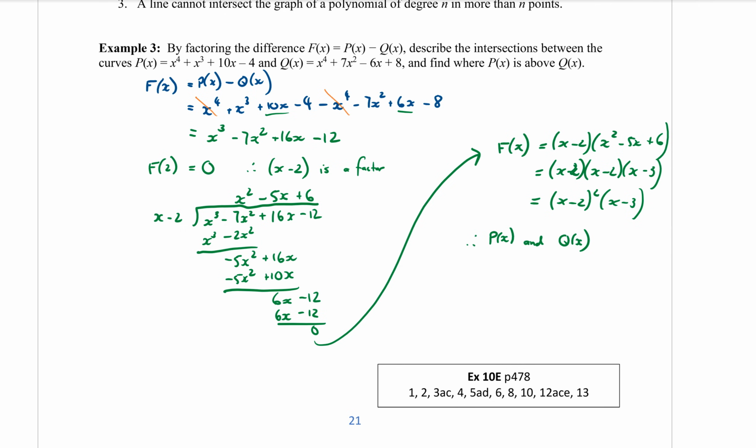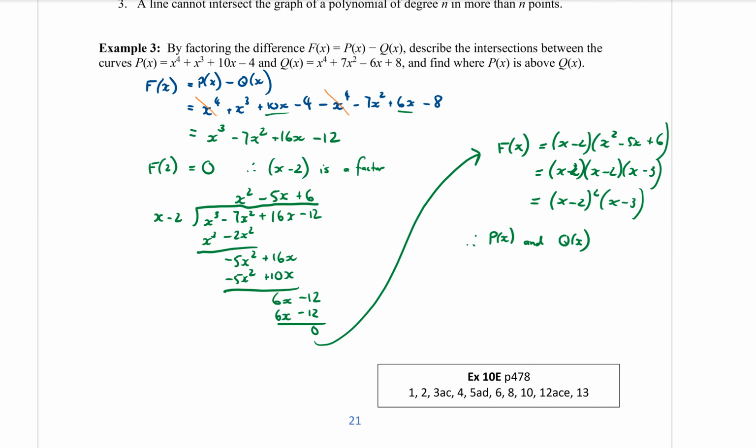If the x minus 3 is only a power of 1, a normal standard root, then the two curves are going to cross at that point. However, if I have a power of 2, like I do for that x minus 2, that means those two curves are going to bounce off each other at that point, or in other words, they are tangent at that point.